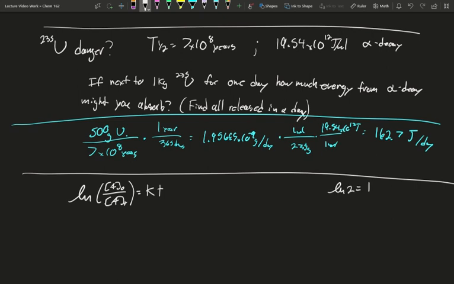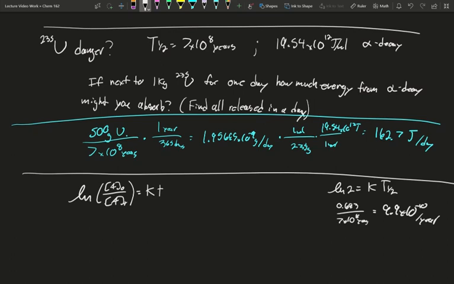Natural log of 2 is equal to k times the half-life. Divide 0.693 by 7 times 10 to the 8 years, and k is 9.9 times 10 to the minus 10 per year. So we can find our k so that we can use our first order rate law.